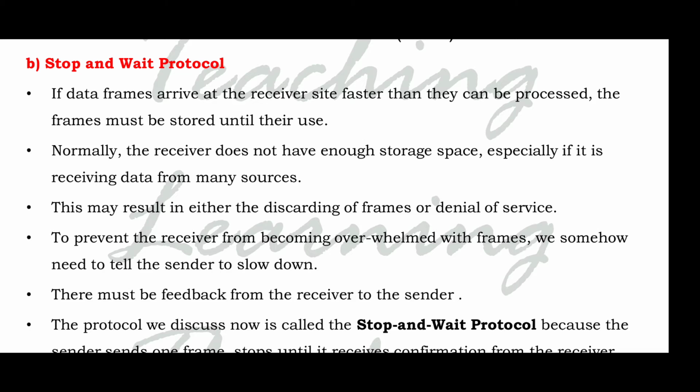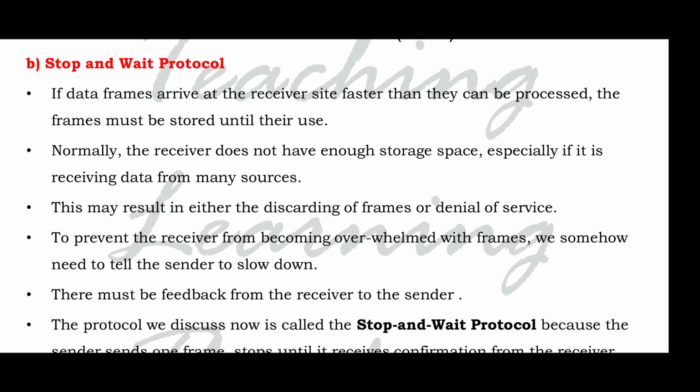What it means is a scenario where frames arrive at the receiver side faster than they can be processed. That means the receiver is overwhelmed with data, and the frames must be stored until their use, because the frame needs to be inspected before use. So they need to store it in a buffer or something.